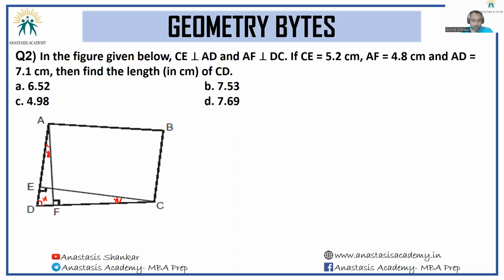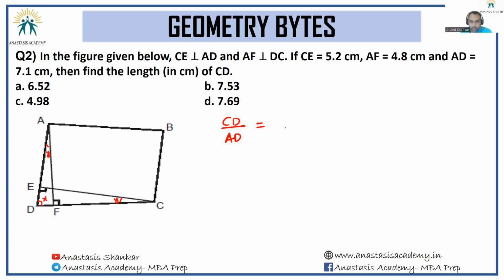So they need me to find out CD. CD is opposite to Y, is opposite to 90. So CD opposite to 90, here I get AD.